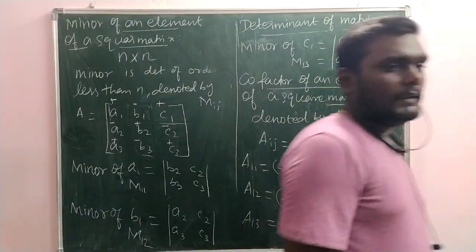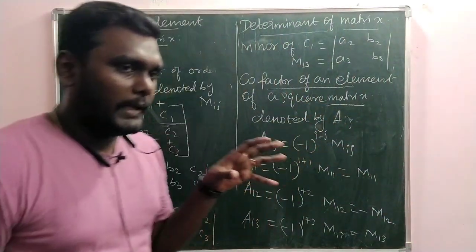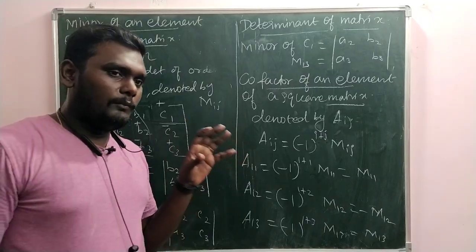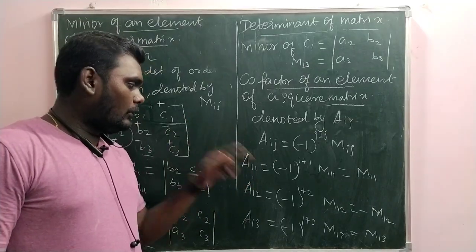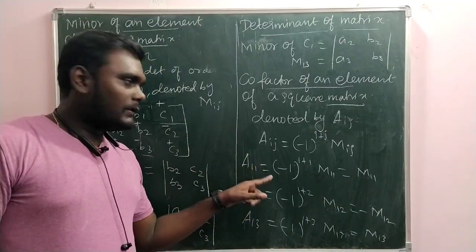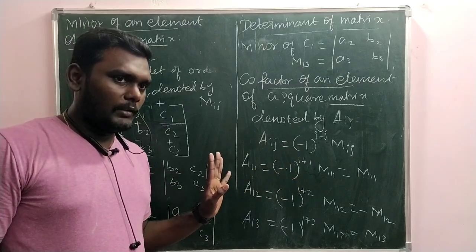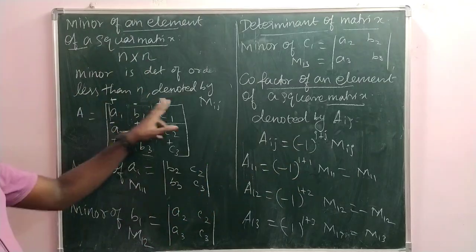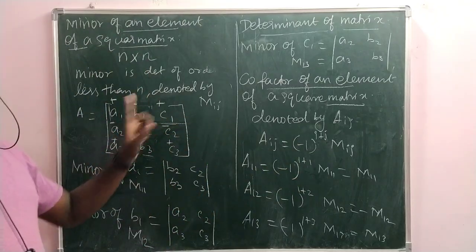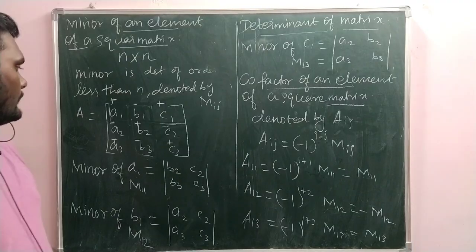So minor means taking a 2 by 2 minor, leaving that row and column where that element belongs, and cofactor means multiplying by (-1)^(i+j). That value will come alternately positive, negative.